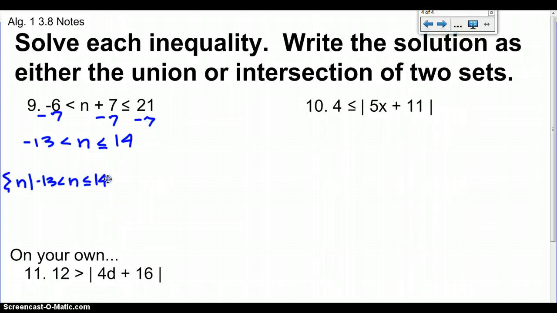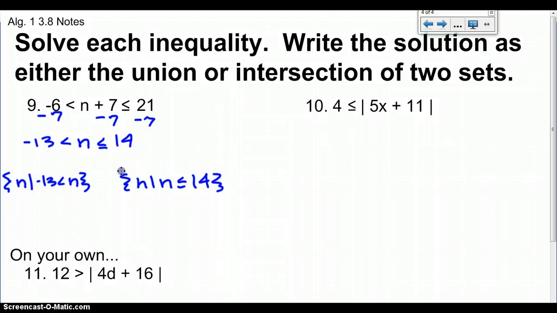Oh, my fault. We only need to do the first part first because we need to write it as a union or intersection. So we have negative 13 is less than n, and then we're going to have n is less than or equal to 14. And close our bracket.